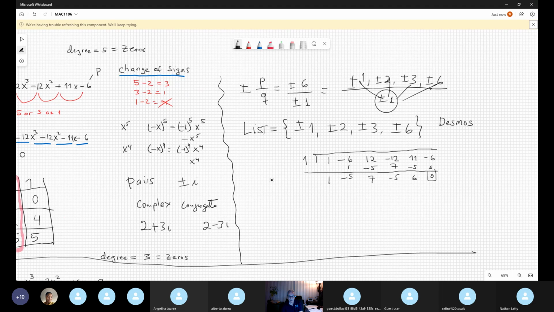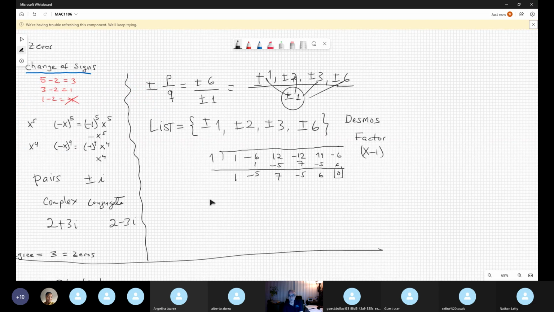Wow, zero remainder. Therefore, I discover that the factor x minus 1 belongs to this polynomial, and the zero associated with that is x equal 1. I promise that in a few seconds we see this idea.